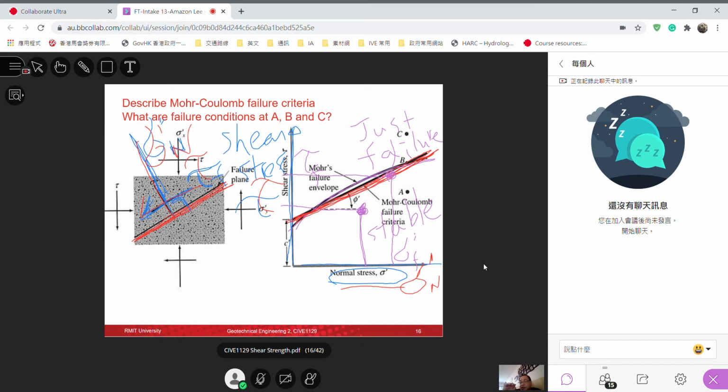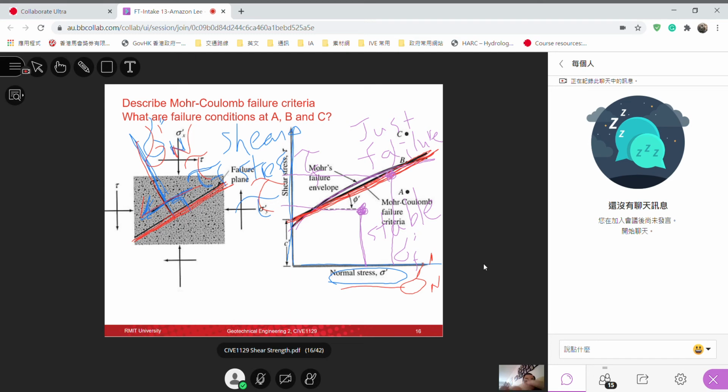If the shear stress is a tiny bit larger, the soil mass would slide down. The soil will fail.